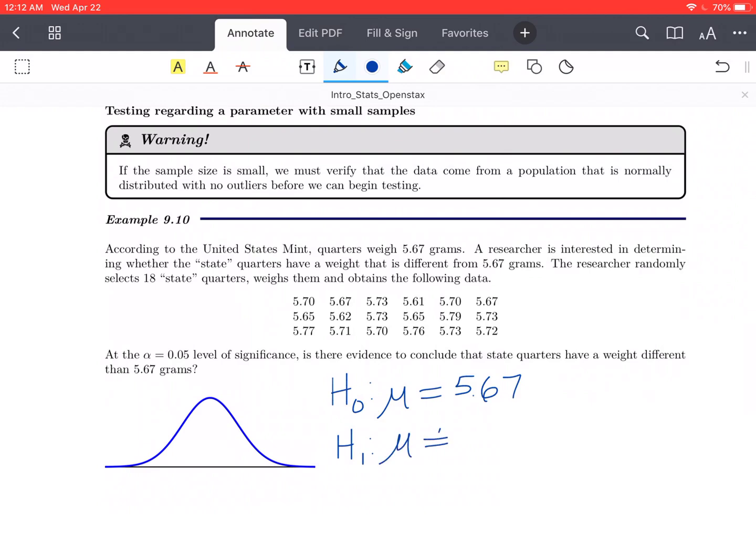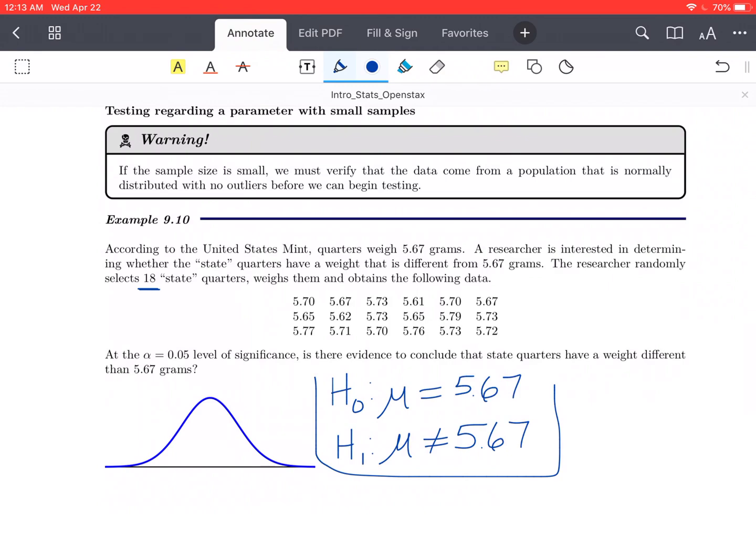So that's going to be mu not equal to 5.67. However, notice our sample size is only 18. Generally, our rule of thumb is 30. We need 30 for it to be considered approximately normal. So we need to determine whether or not this represents a normal distribution.